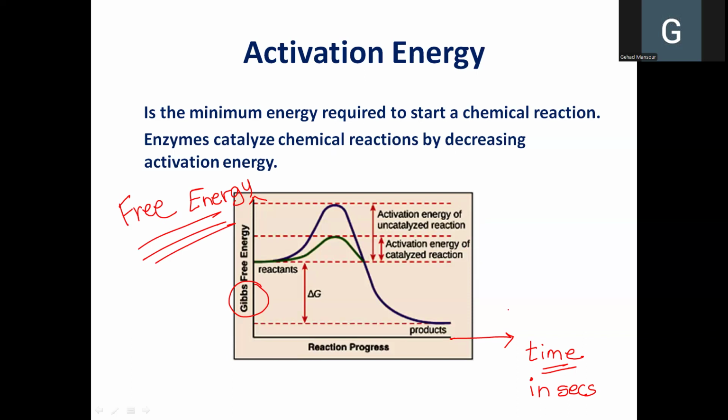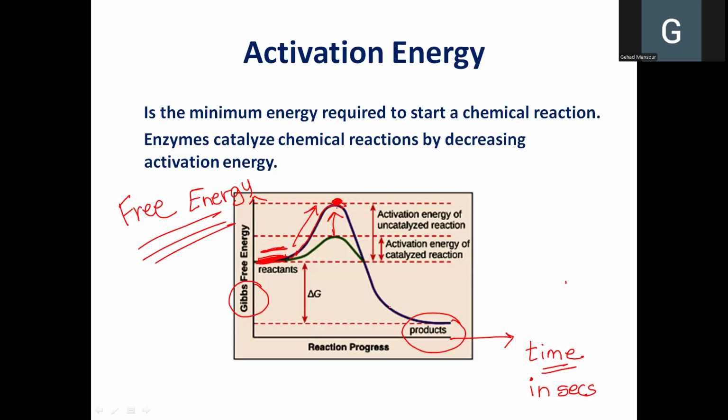And here we have the reaction. The blue curve represents the change in energy with time. So at the beginning, we had the reactants, and then we had to supply them with energy. We had to increase their energy from this level to this level until we reach a level where their energy is capable of making them collide together and form bonds to produce the products.